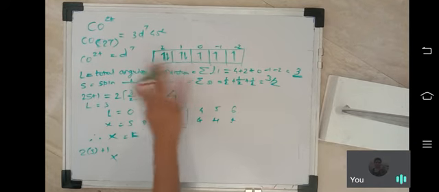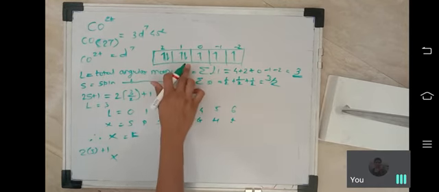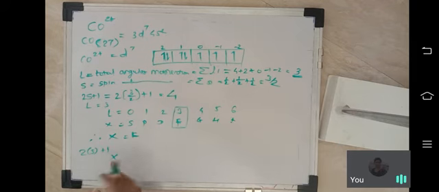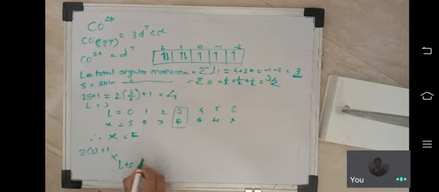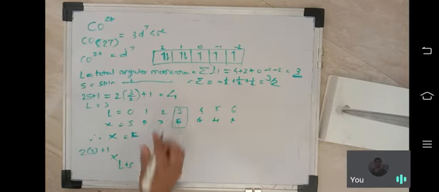Here the shell is not less than half-filled. That means pairing of electrons takes place, so you have to take L plus S. What is this here? L plus S. You just write here 2S plus 1, quartet. What is the value of X?